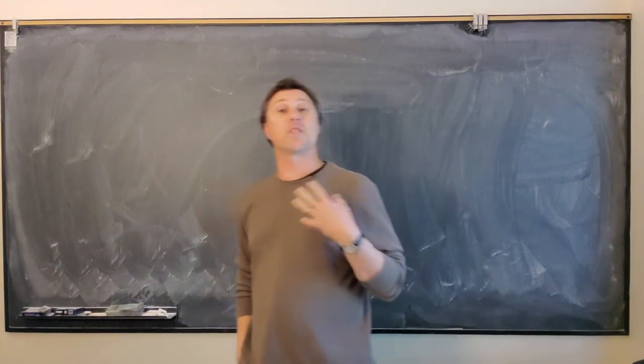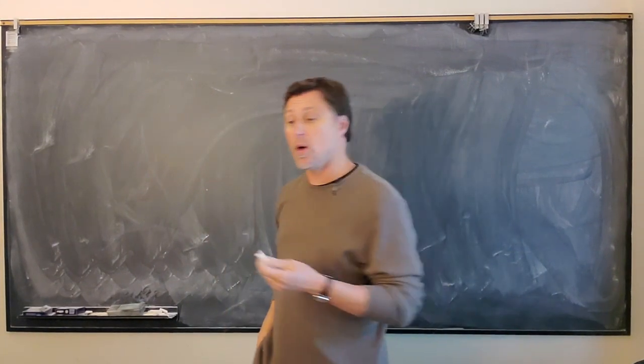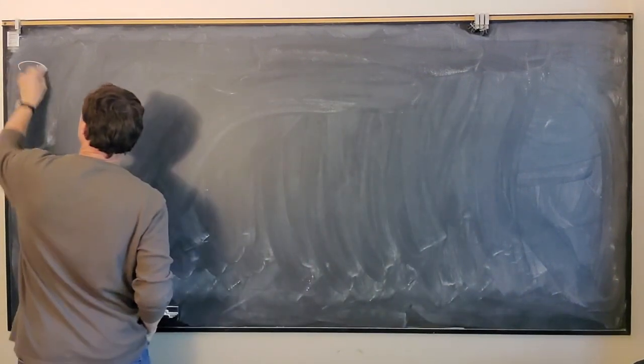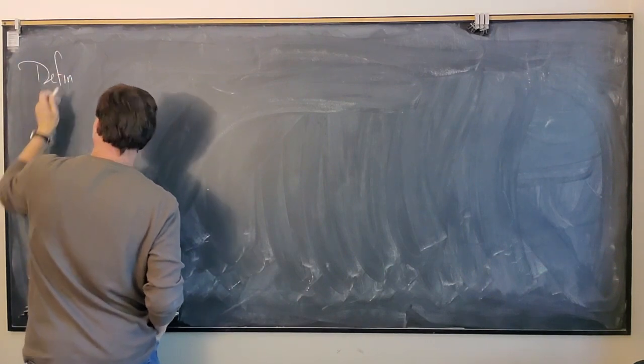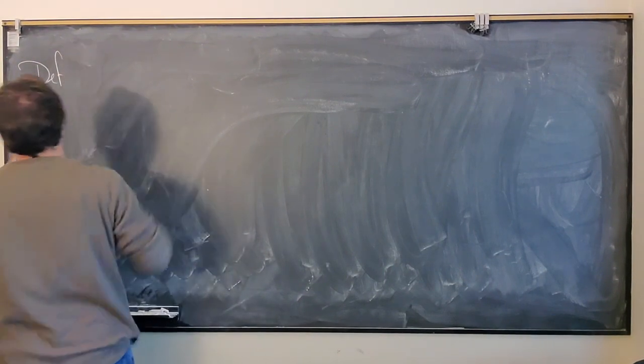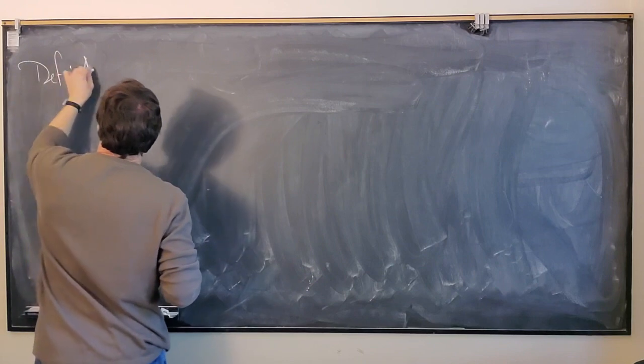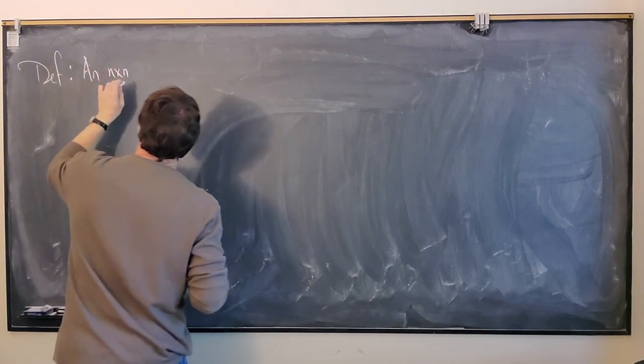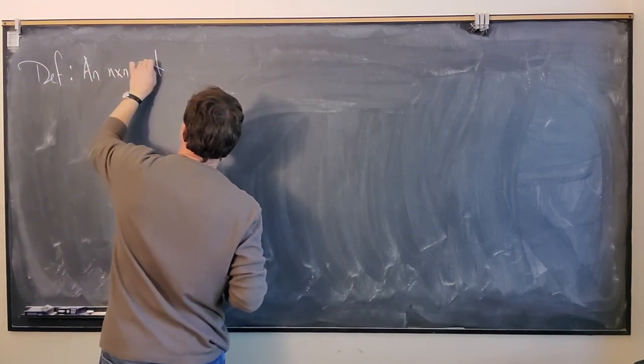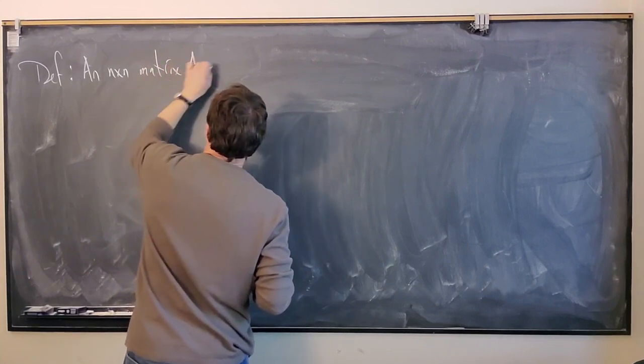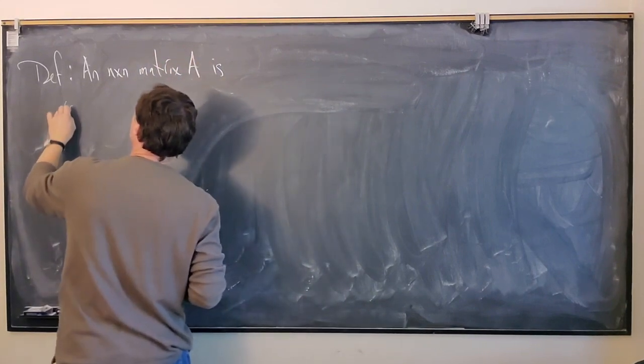Okay, I want to talk about some special types of matrices now. So we're going to start here with the definition. An n by n matrix A is, now there will be 4 different parts here.